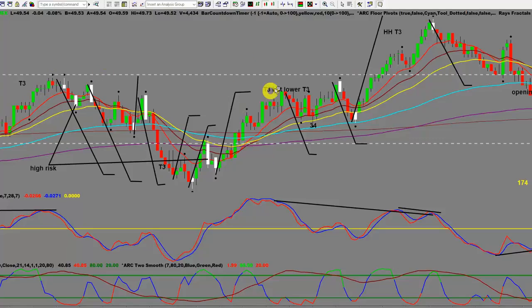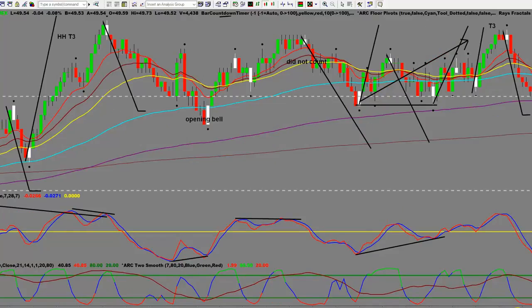So when I have a T3 and it's lower than a high, it's lower risk, and vice versa, the opposite is true. This one is lower risk because it's lower than this swing high. When I'm making new highs, your T3s are a much higher probability trade.